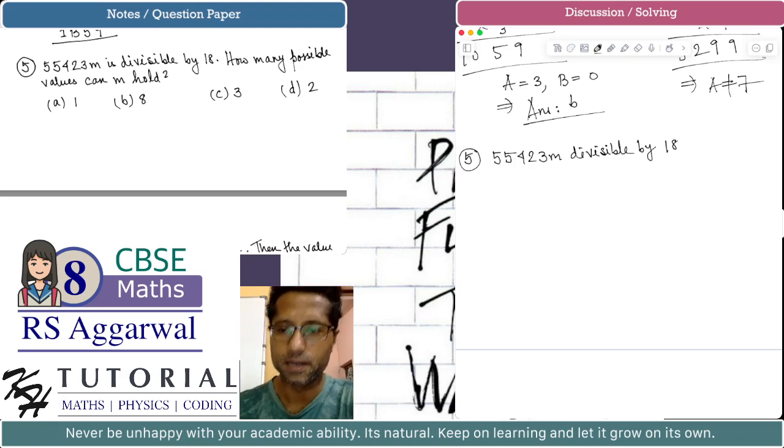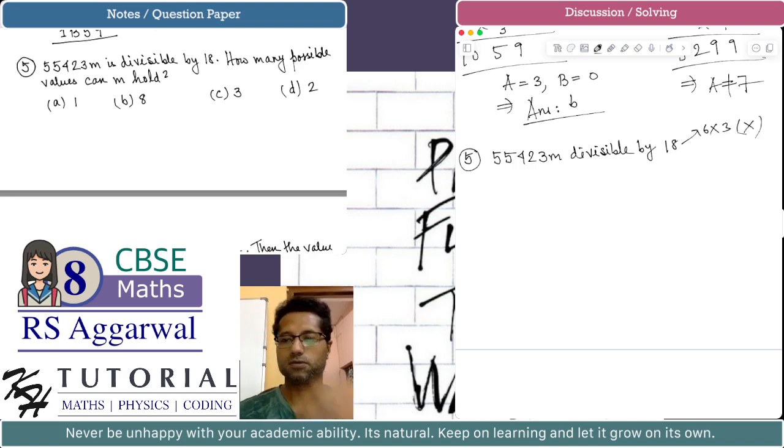Now for divisibility by 18, we do not know any divisibility rule of 18. So we have to factorize the number 18 into factors such that no two factors have a common factor. We can factorize 18 as 6 times 3, but we will not consider this because 6 and 3 have a common factor of 3.